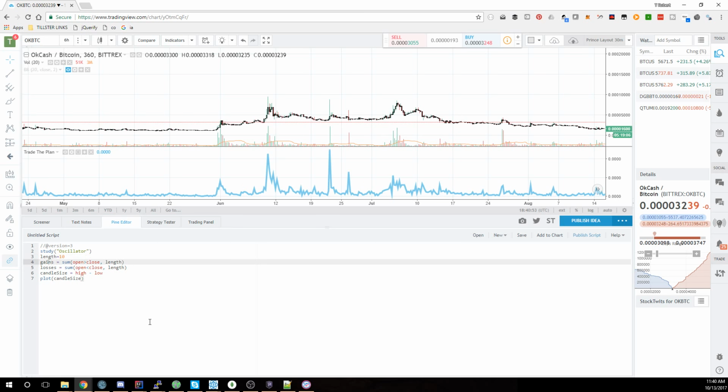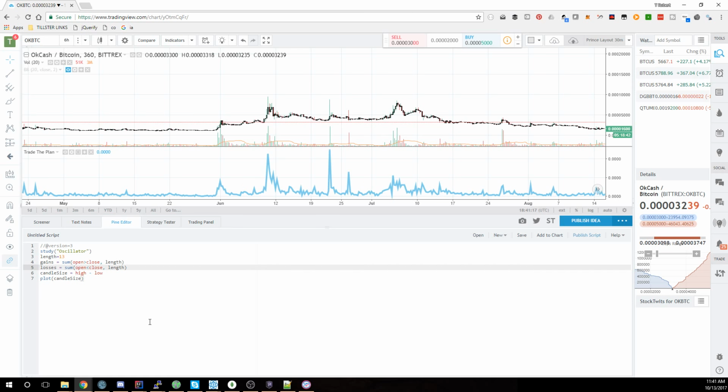And now, if I want to change the length that I'm looking back on my gains and losses, I can change that in one place. I can change it here, and now I'm looking back 13. Now I'm summing back 13 instead of 10, times where the candles were the gains versus the losses.